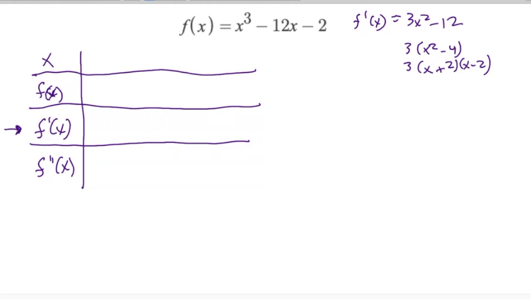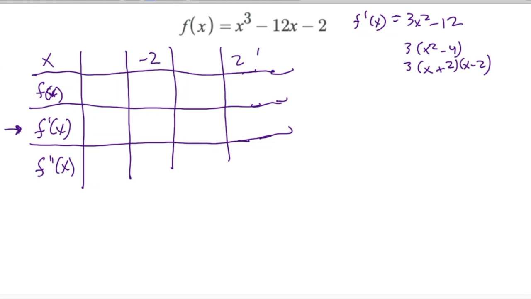So I'll say when x equals -2 and +2, that's where we get 0 for f prime of x.